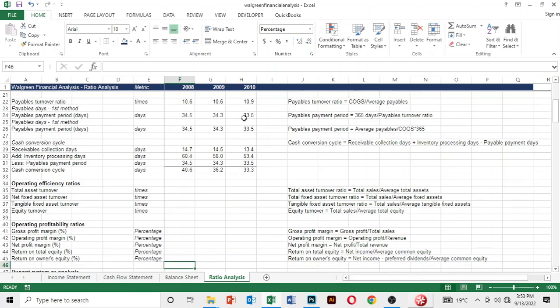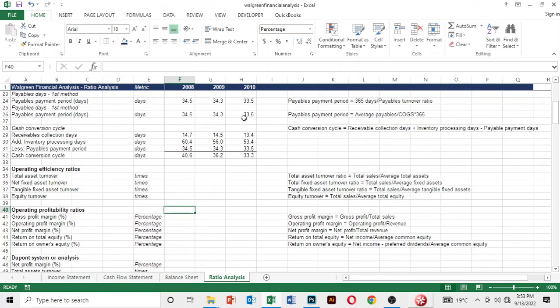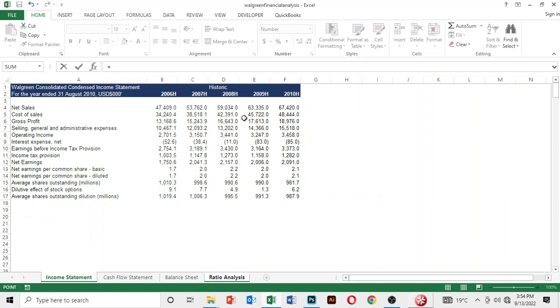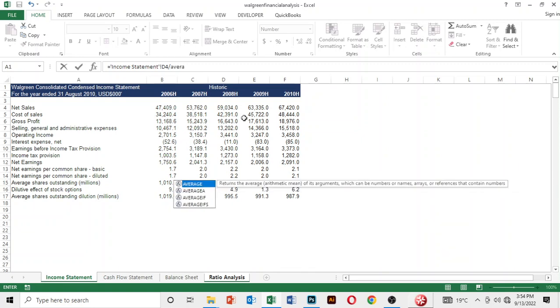Now let's look at operating efficiency ratios. Total asset turnover we calculate as total sales divided by average total assets, so we will use the income statement and the balance sheet. We go to the income statement, grab the sales figure for 2008, and divide it by average total assets.